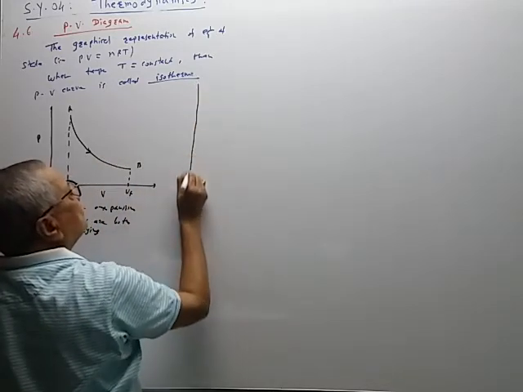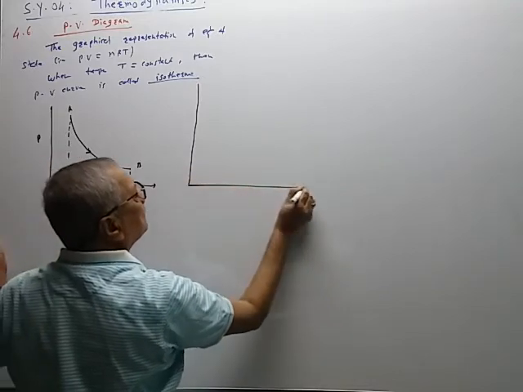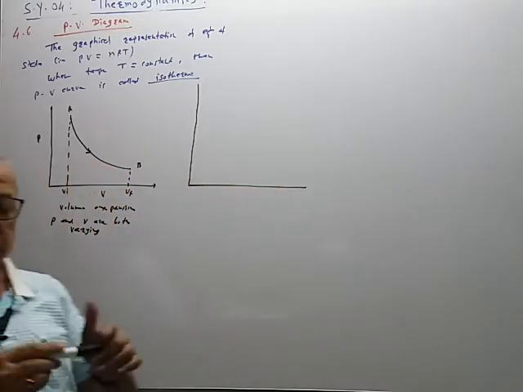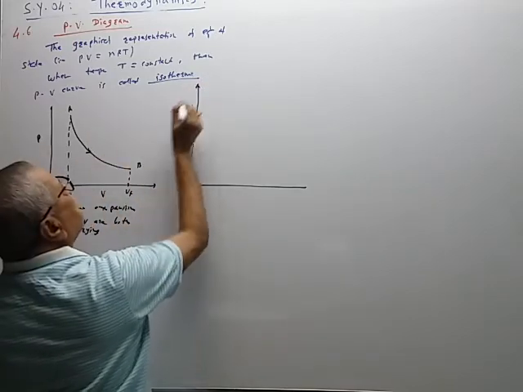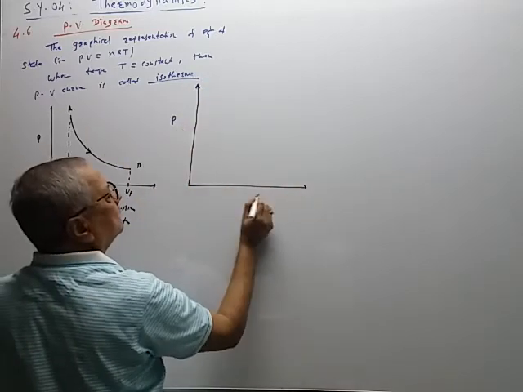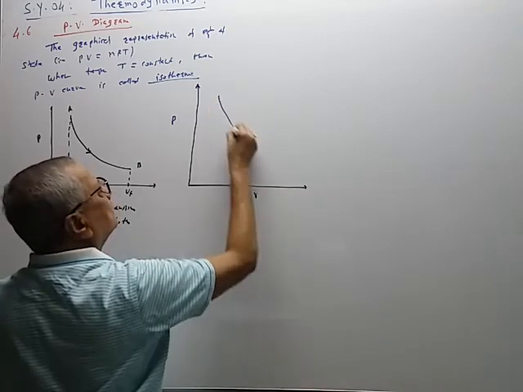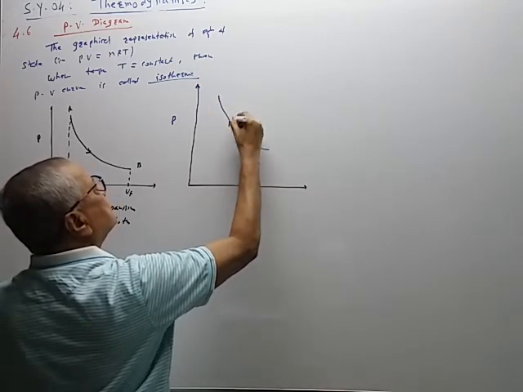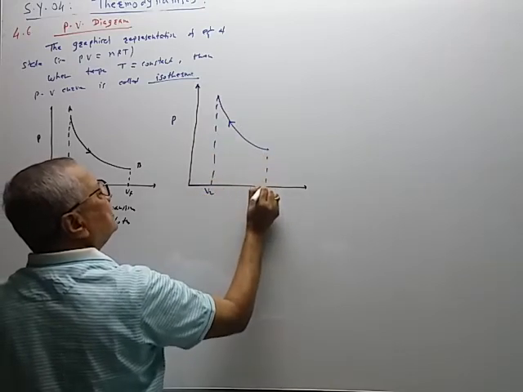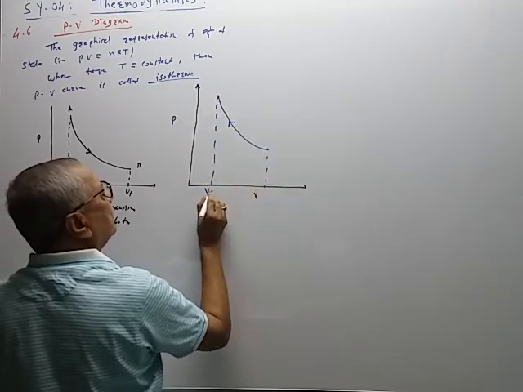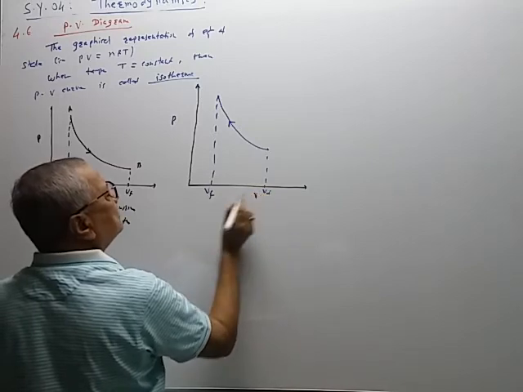The second diagram we have seen is again a PV diagram, but the change is like this. This initial volume is Vi, and the final volume is Vf.